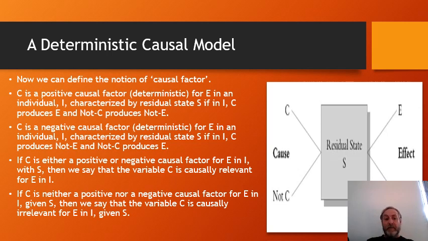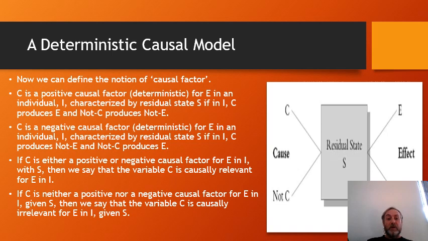So again, having fair skin: is it a causal factor for having skin cancer? And an individual I, call that individual me, characterized by a residual state S. So my residual state is like having blonde hair, blue eyes, and all the other values of variables that I instantiate.